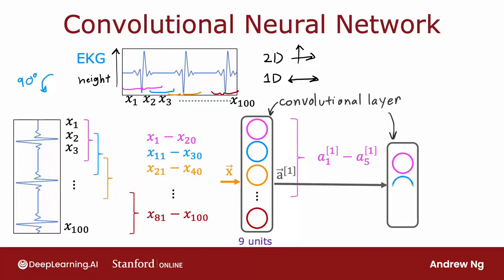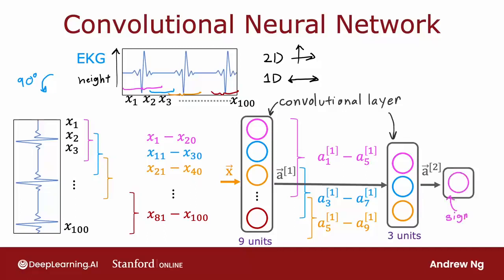And then my second unit in this second hidden layer may look at just another 5 numbers, say A3 to A7, and the third and final hidden unit in this layer will only look at A5 through A9. And then maybe finally, these activations A2 get input to a sigmoid unit that does look at all 3 of these values of A2 in order to make a binary classification regarding presence or absence of heart disease.